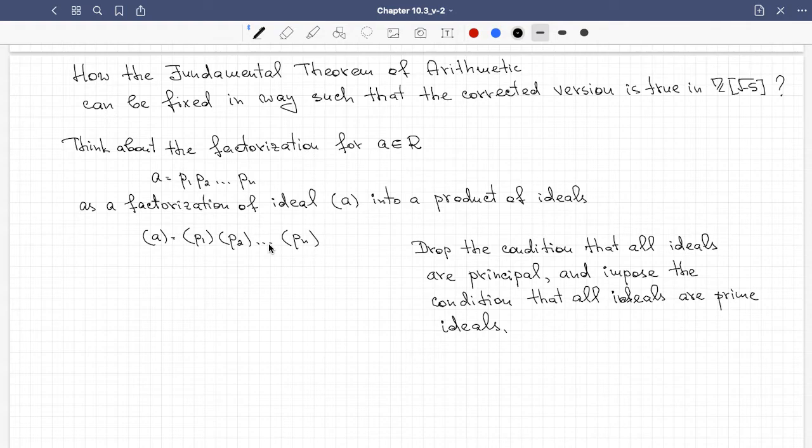After that, the question becomes whether a decomposition of an ideal, again, not necessarily principal one, into a product of prime ideals exists, and more importantly, is unique.